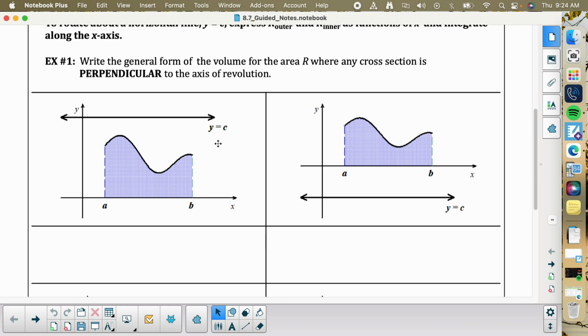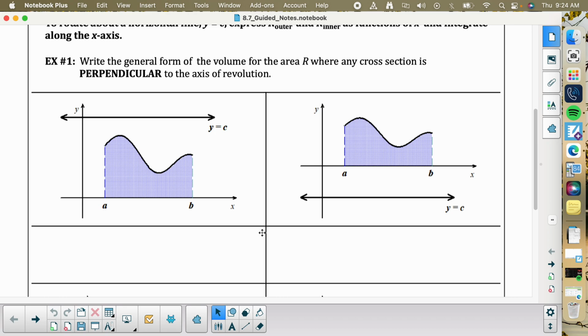Now, the axis of revolution could be anywhere: above, below, left, right. The only one you will not get is an axis of revolution that is at an angle. That would make it way more difficult, but theoretically could work.